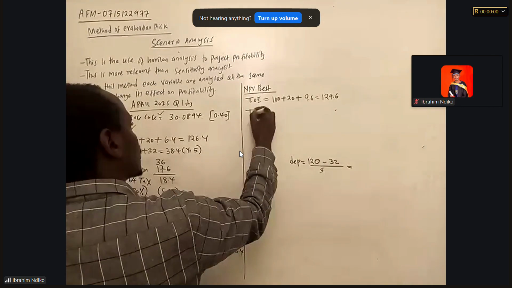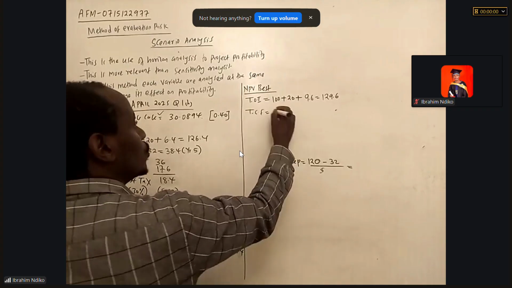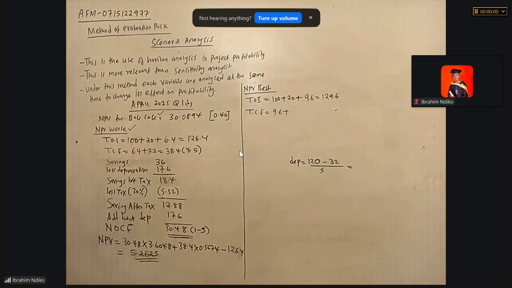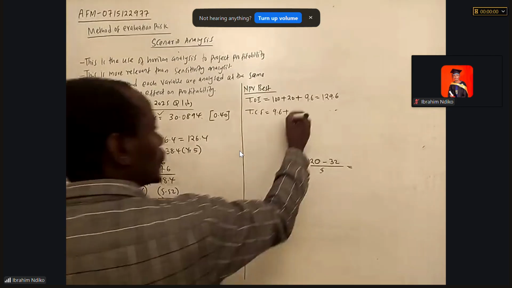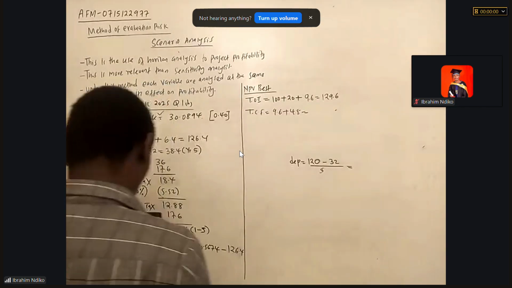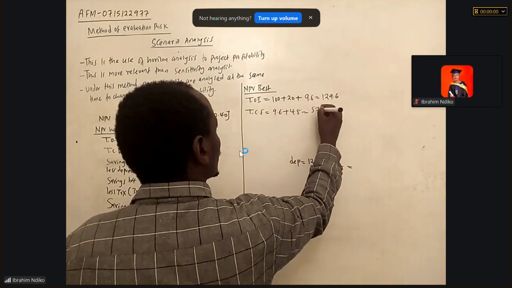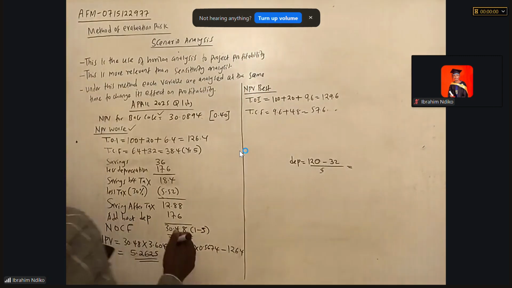Total cash flow, but you prepare salvage value 9.6 plus. So that is the working capital. What is the salvage value? The salvage value is 48 million. So 48 plus 9.6, 57.6.